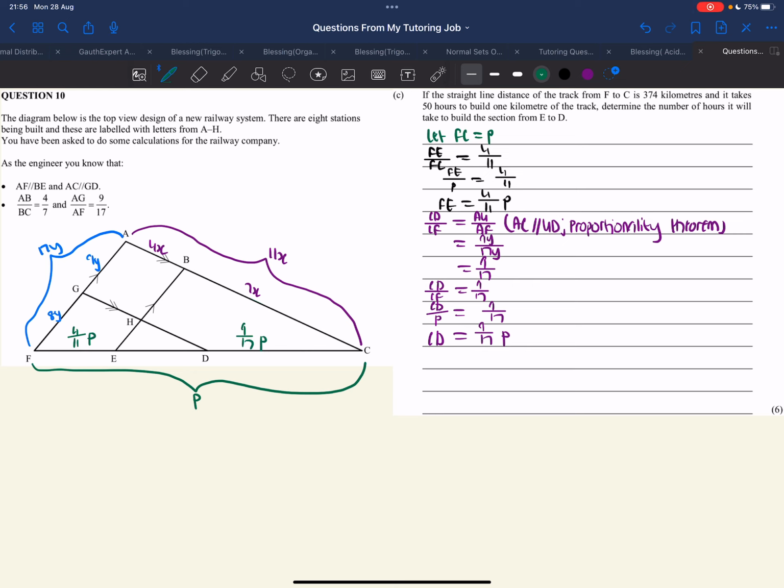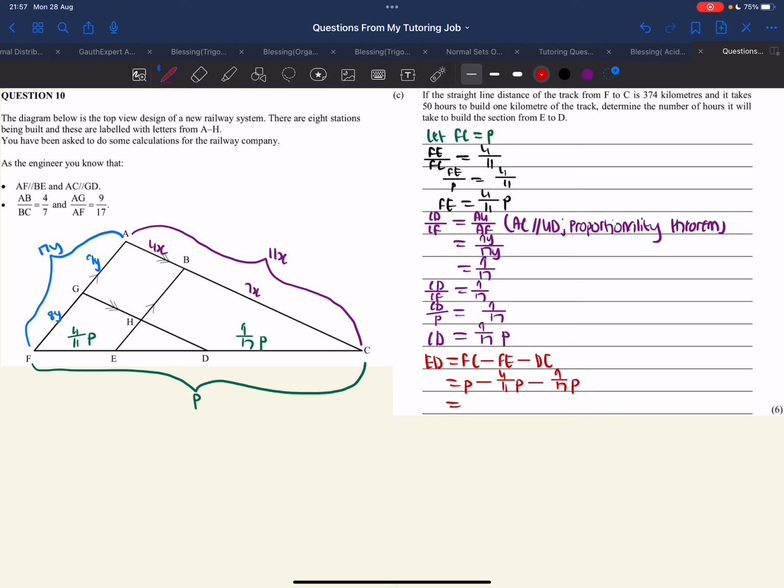Now I'm going to use a different color again, which is red. Now to find ED, it is going to be equal to FC minus FE minus DC, right? So I'm going to say equals to, now remember FC is P, minus FE, we found it to be 4 over 11p, minus DC is 9 over 17p.